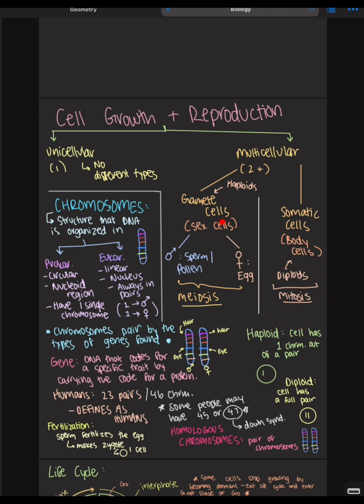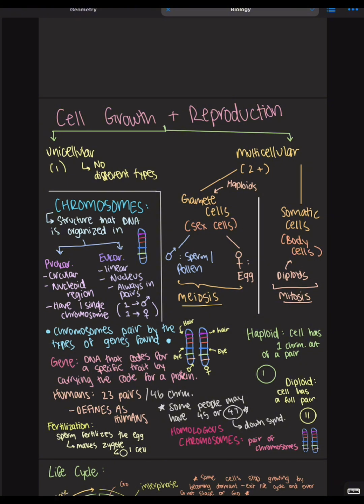Somatic cells are diploids, and I'll talk about what a diploid is. Gamete cells are also known as sex cells. They are haploids, and there's two different types. In men, the sex cells are called sperm or pollen, and in women, it's egg. And these undergo a process called meiosis, which I'll make another video about.